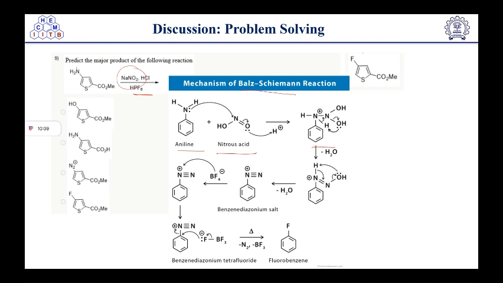So in this case, what is happening? This nitrogen lone pair is attacking on nitrous acid and it is forming the intermediate which will look like this one only. It is becoming OH and this nitrogen is bonded with the aromatic ring. Correct?